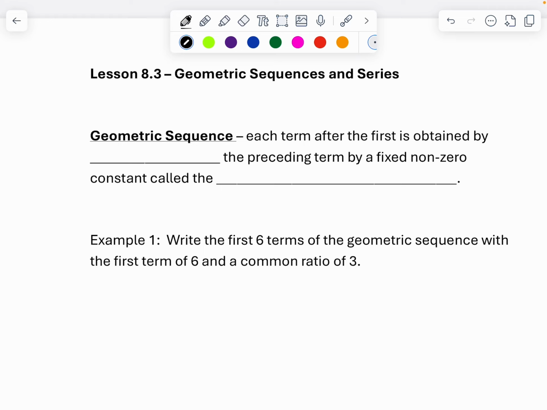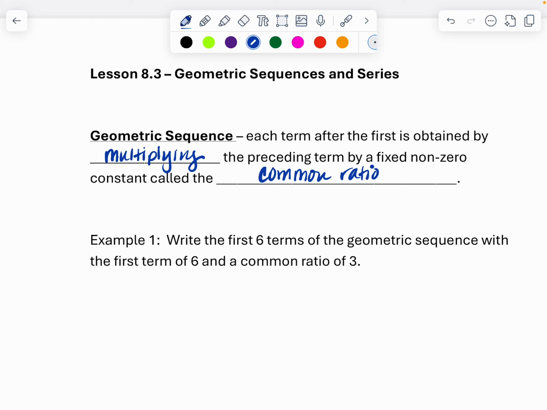In a geometric sequence, instead of getting each term by adding a common difference, you get each term by multiplying. Each term after the first term is obtained by multiplying the preceding term by a fixed non-zero constant that we call the common ratio.